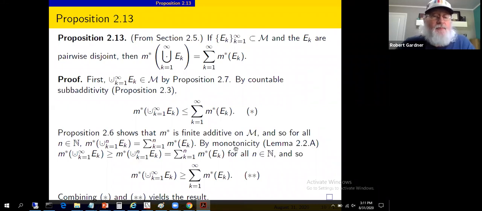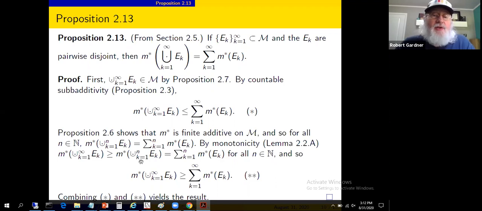Monotonicity tells us that the outer measure of this union of all k equals 1 to infinity of the E sub k's is greater than or equal to the outer measure of the union of only a finite number of the E sub k's. Right, this is a subset of that, so the outer measures behave in the usual monotone way.